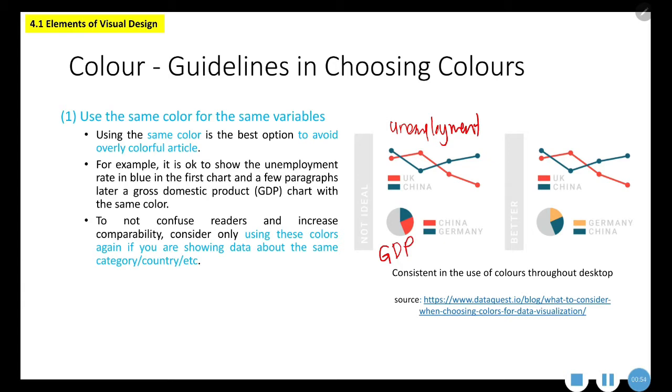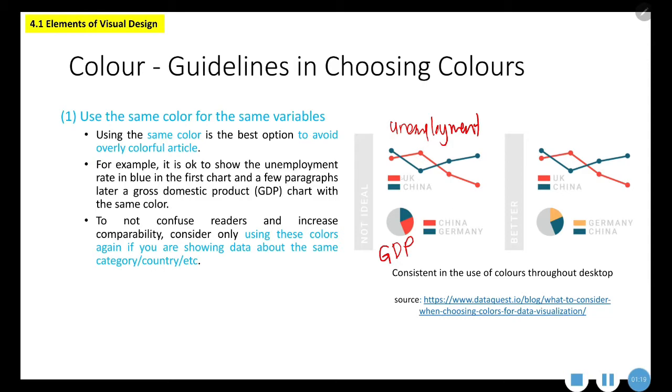So in order to not confuse readers and increase comparability, we have to consider using the same color if you are showing data about the same category, country, etc. So in this not ideal situation, we have the countries UK and China for the unemployment chart, and for GDP it is between China and Germany.